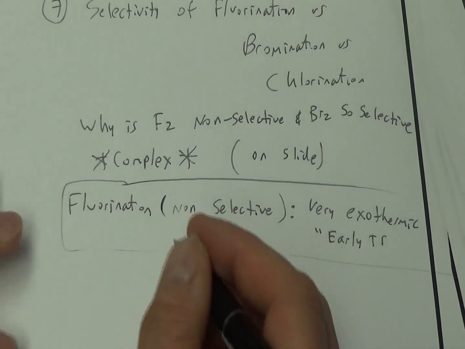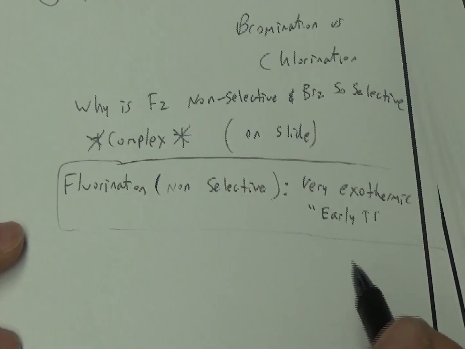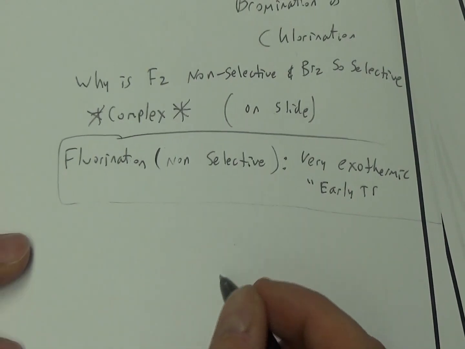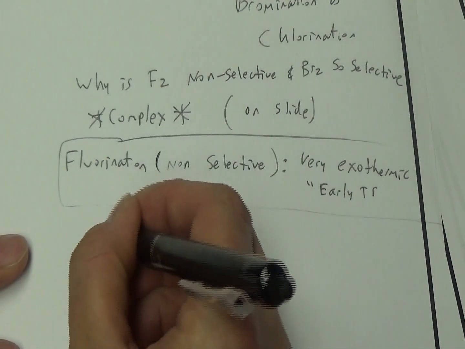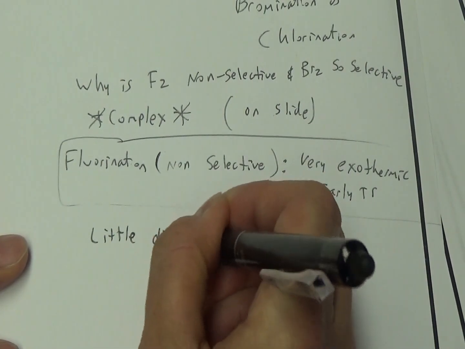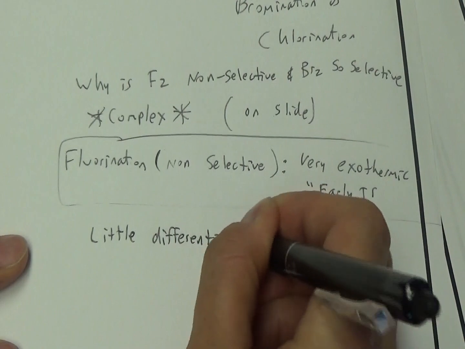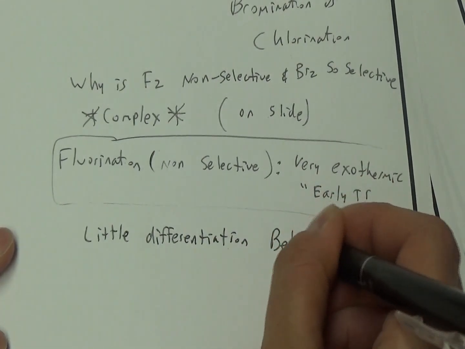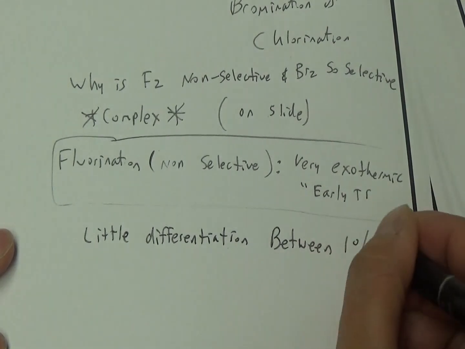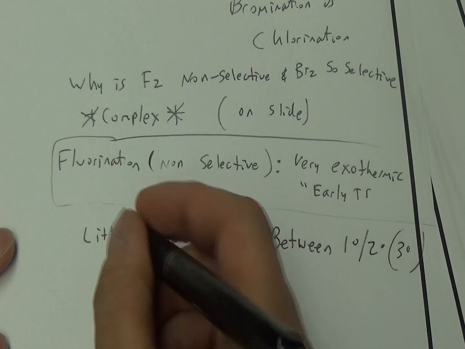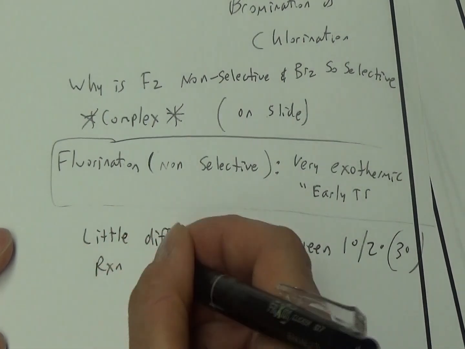So the big thing that's going to explain this very non-selective fluorination is there's little differentiation between the primary and like secondary or tertiary reaction pathways.